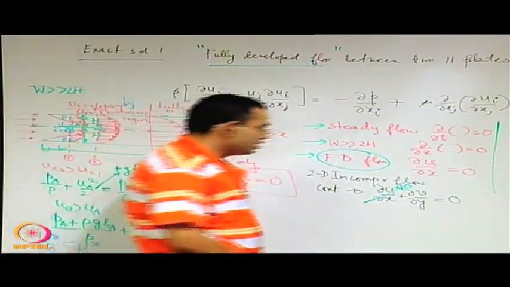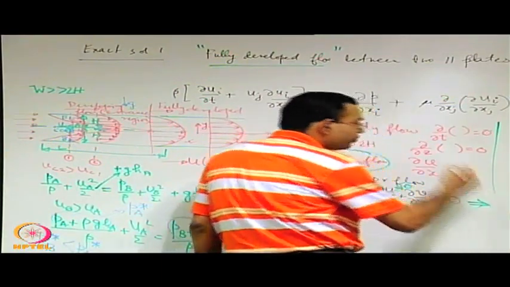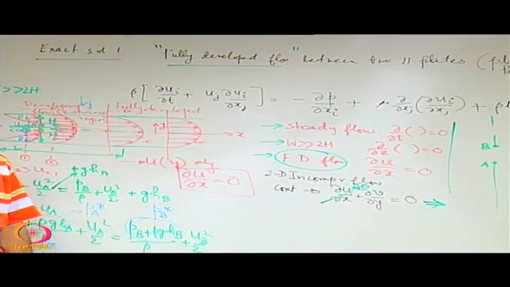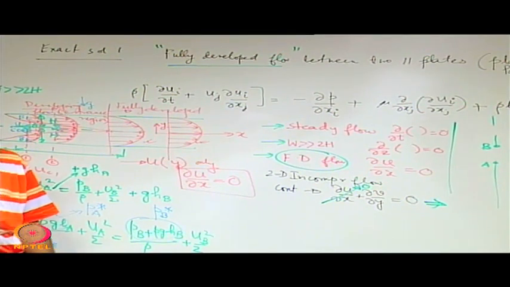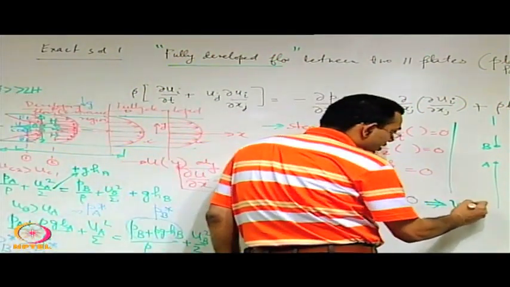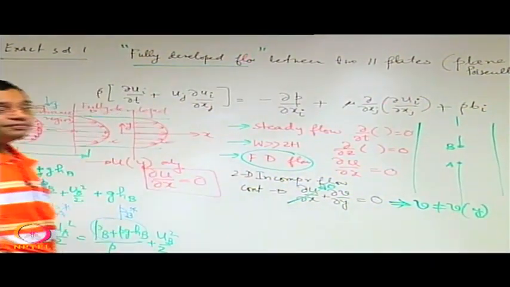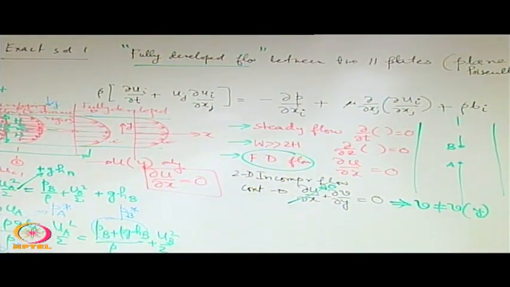That means, by imposing the constraint of fully developed flow, what does the continuity equation give us? V is not a function of y, right. So, V is not a function of y. Since V is not a function of y, if we find out the value of V at some particular y, that should be true for all values of y, right.